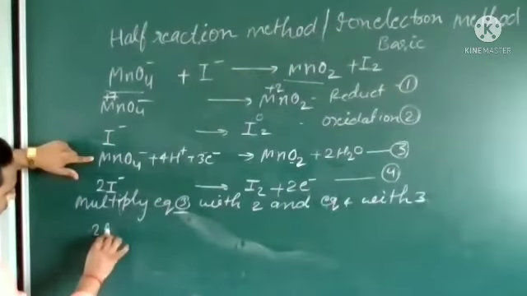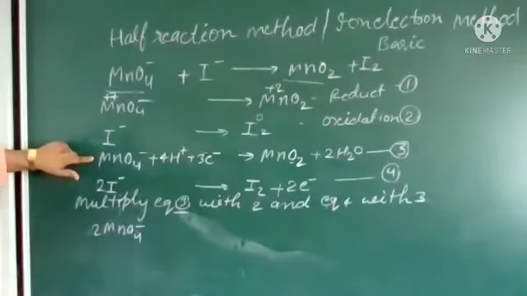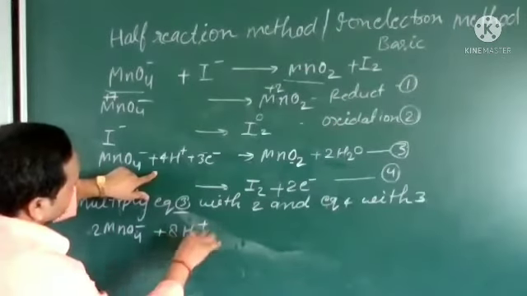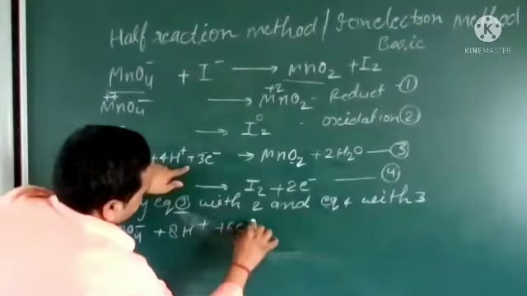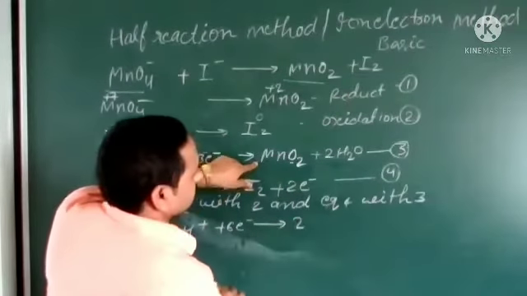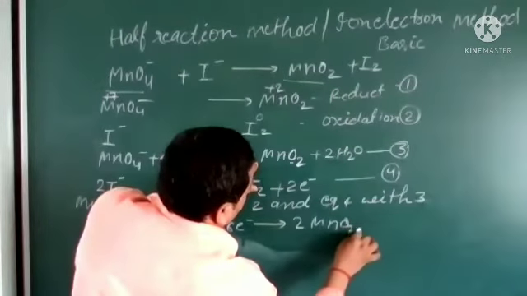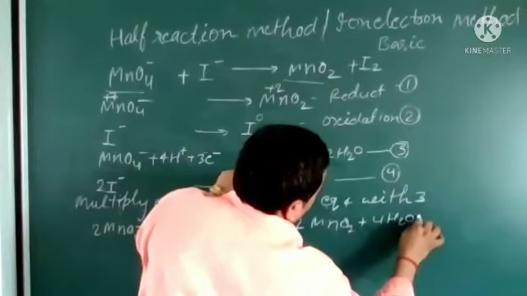So what will be? 2 MnO4 minus plus 8H plus plus 6 electrons gives out 2 MnO2 plus 4H2O.